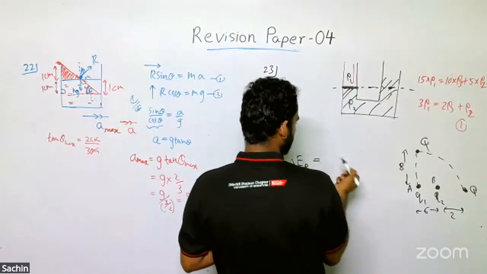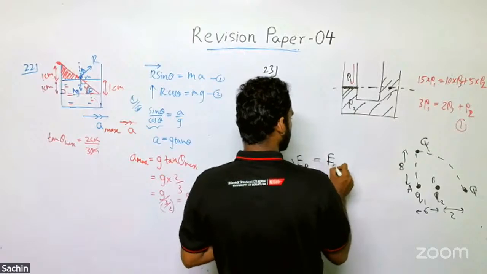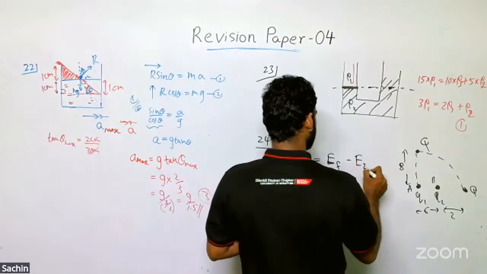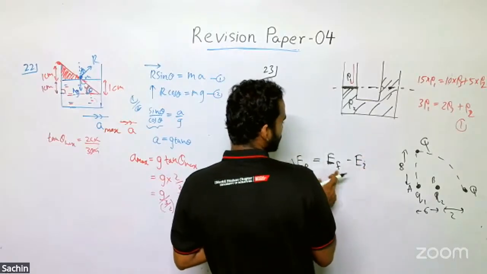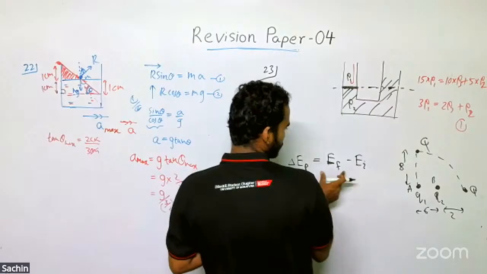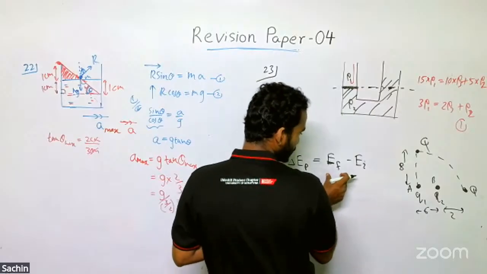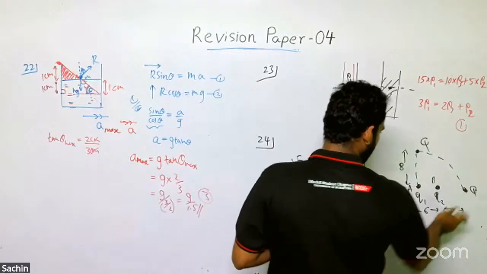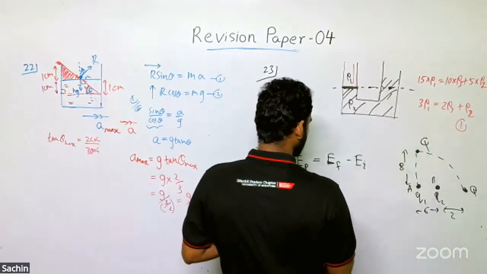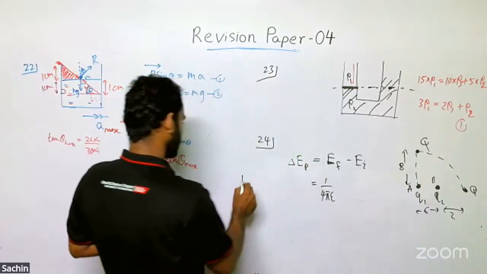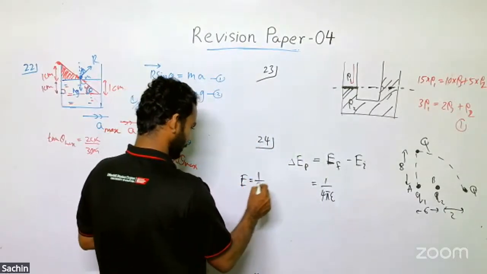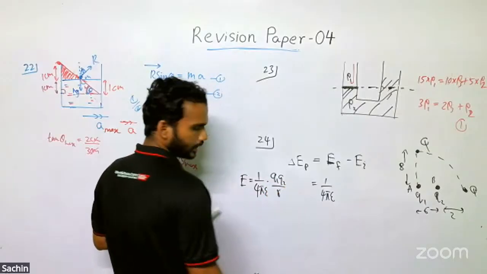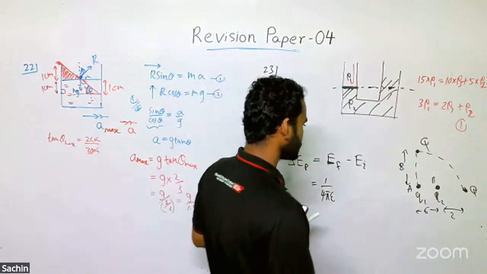Okay, so the change can be evaluated by comparing the final position and the initial position. I'm just subtracting the initial potential energy from the final potential energy. So what is the final potential energy? At this point, I can write 1 over 4 pi epsilon. Remember the potential energy is given by 1 over 4 pi epsilon, Q1 Q2 over R, where R means the distance between the charges.